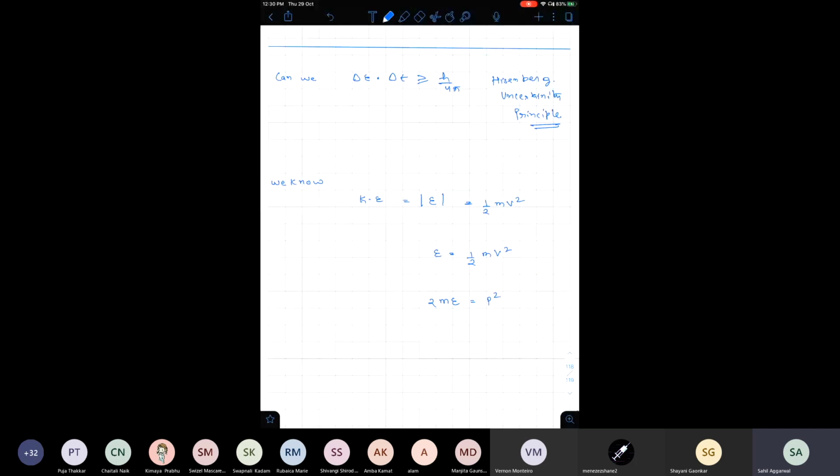Listen to this, Pratyusha. Any doubt till here? Or we can say E is equal to p square upon 2m.